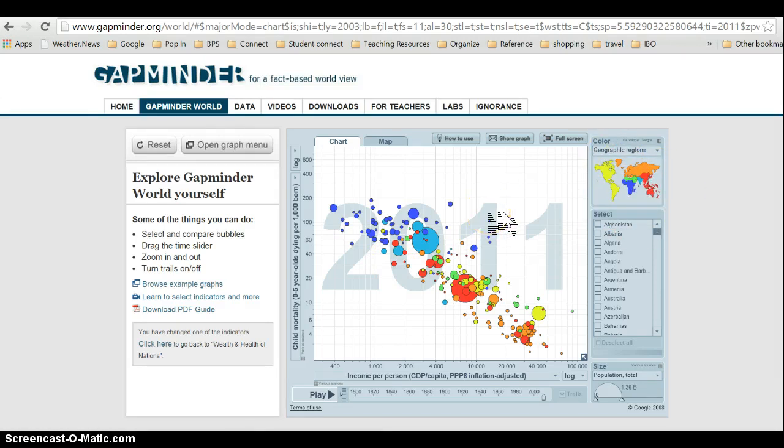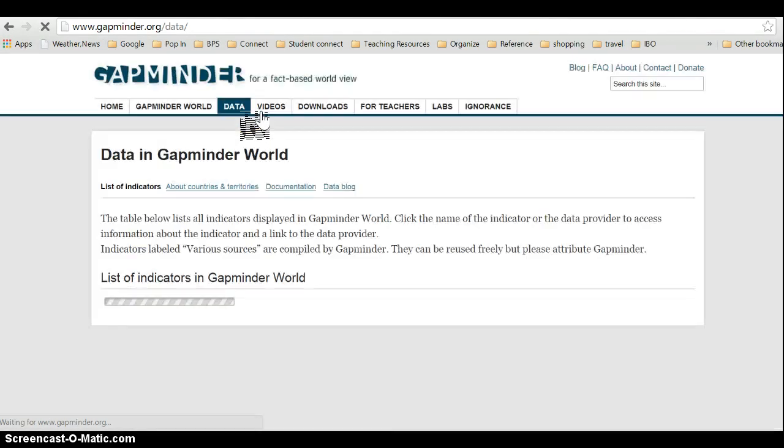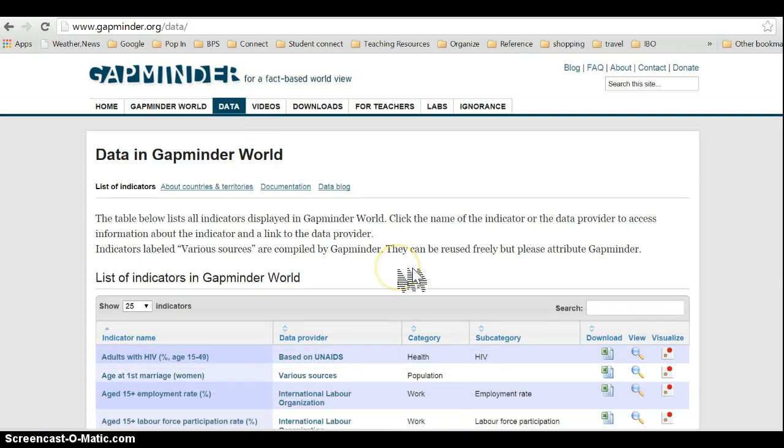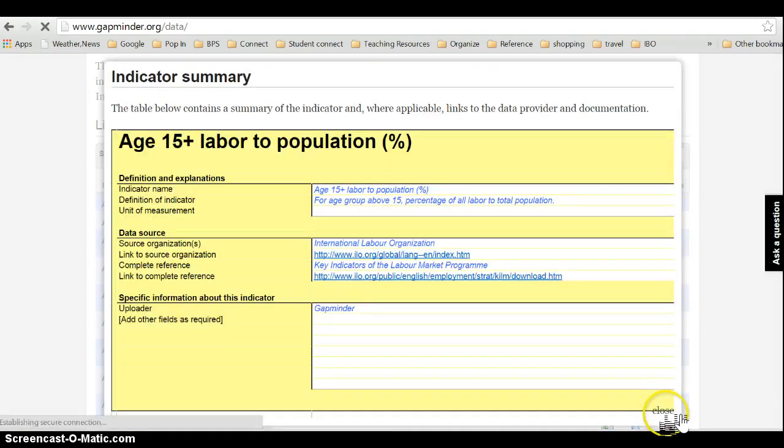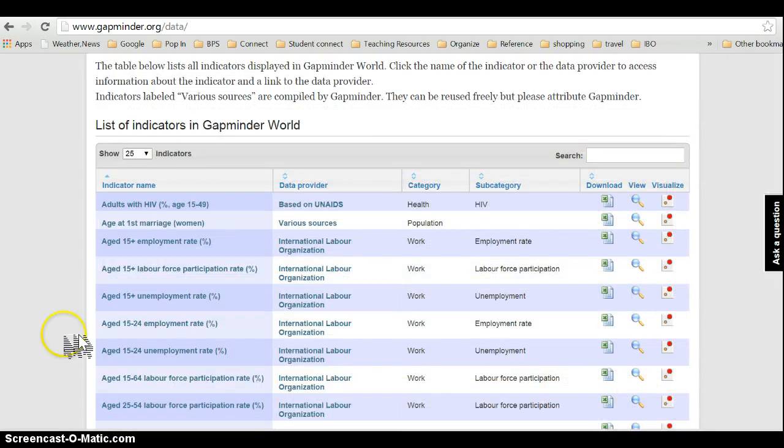So you can play around with the graphs, and for this activity you'll want to play around with them, looking at population variables. But you can also pop over here to the data page. And on the data page, you can see all the different indicators, and you can download them as Excel files. So I have done this for you already for some of the demographics that you will need.